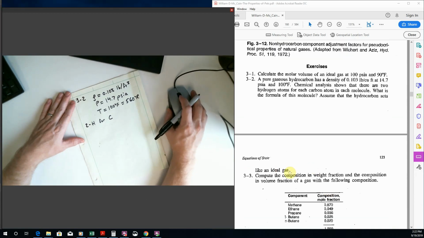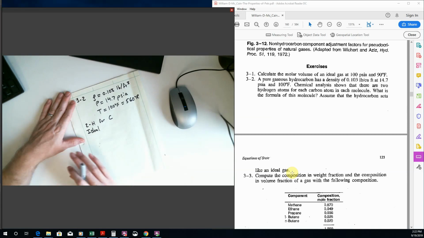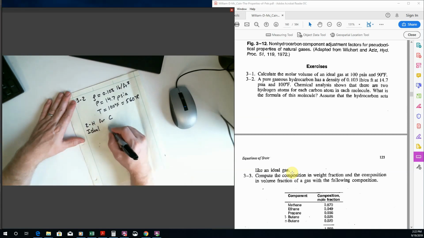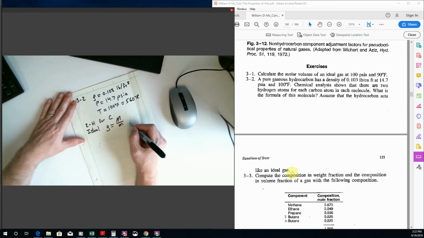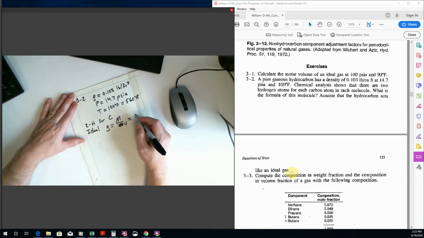We assume this hydrocarbon acts like an ideal gas. So we're back to our old property behavior. If we remember, rho equals mass over volume, that would be the density, and that's going to equal Pm over RT.